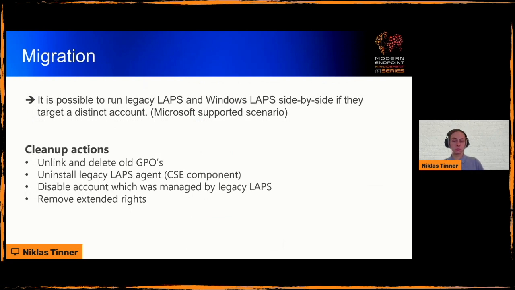So that would be one migration scenario, but you could theoretically also go through a switchover. So for example, if you say, hey, from now on, we're going to use Windows labs, you can target the same account. You might have some delay from switching from legacy labs to Windows labs until a GPO applies and the client recognizes, hey, it's now Windows labs, but this is also a valid migration path.